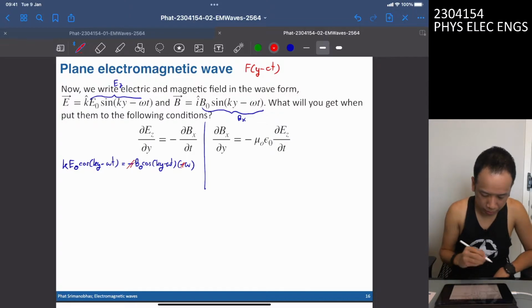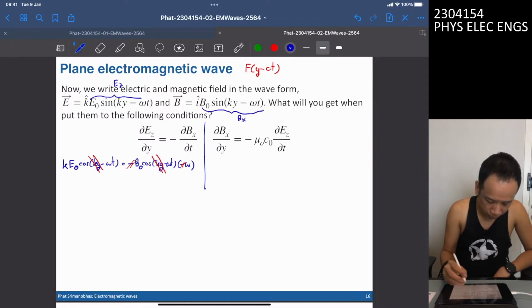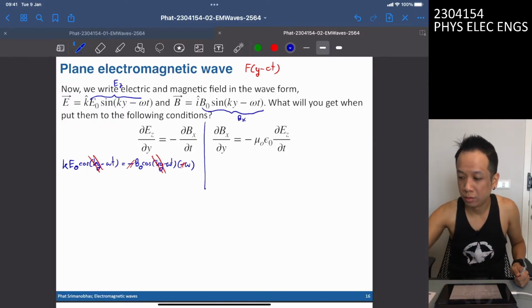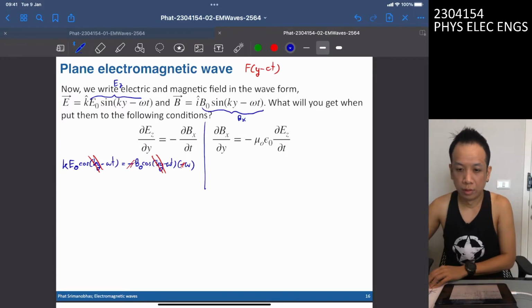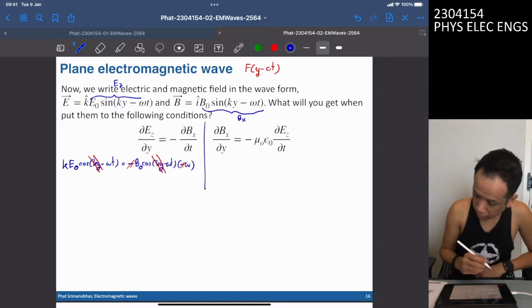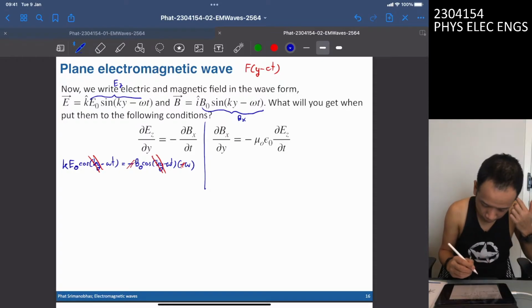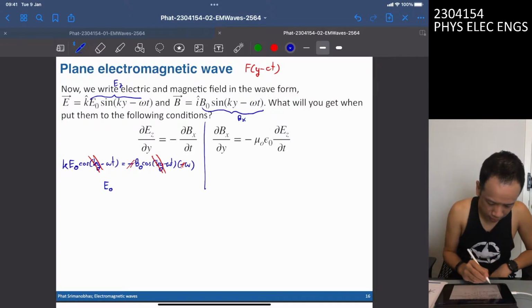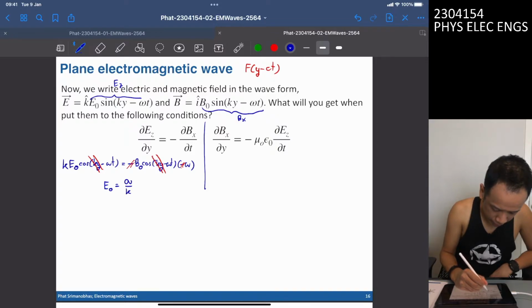Minus and minus become plus, then you can cancel the cosine of ky minus omega t. Let's continue. You can write E0 in terms of B0, so E0 becomes omega over k times B0.